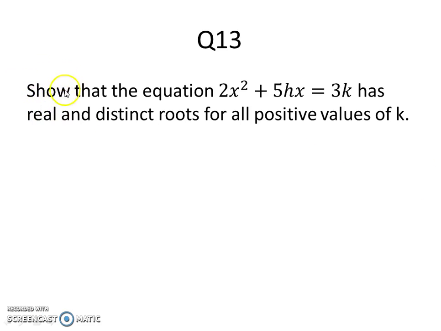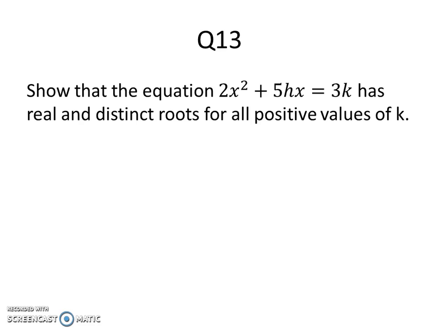So you need to show that this equation has real and distinct roots, which means that you need to show that b squared minus 4ac is more than 0, given that k is positive, for all positive values of k. This is very unlike your other questions, which always tell you, if this equation has a certain kind of roots, find the range of values of k.